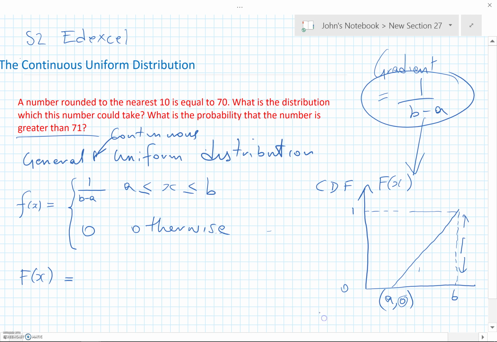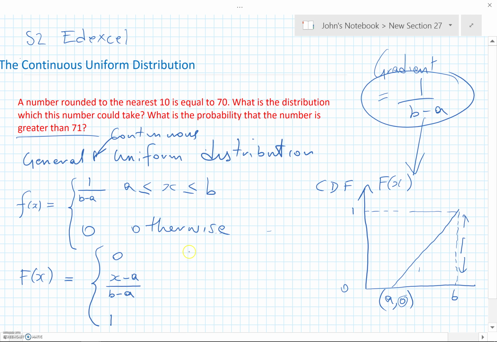It's not used very often, to be honest, but you never know. As we know with CDFs, they go from 0 to 1. And the thing I just rubbed out is (x minus a) over (b minus a).